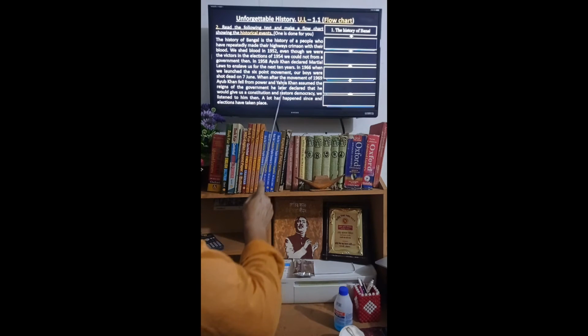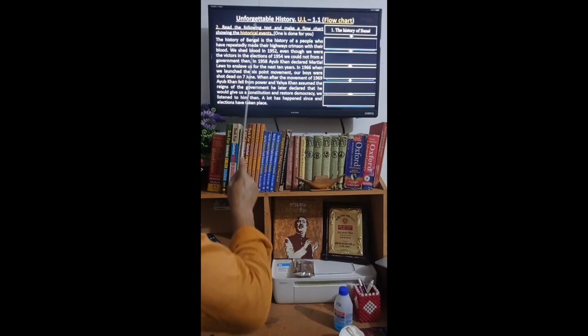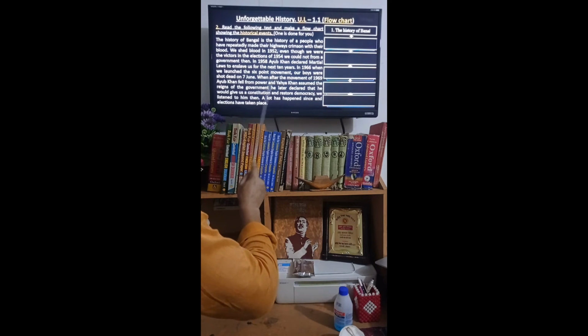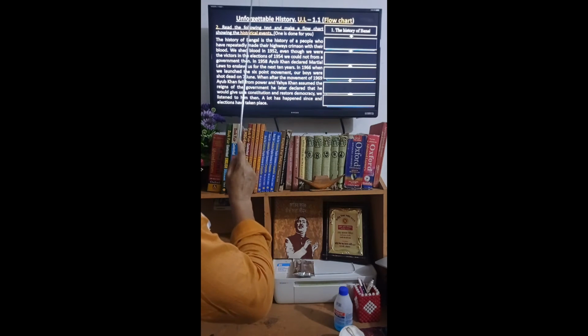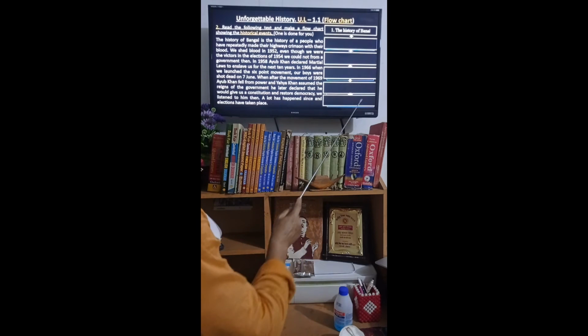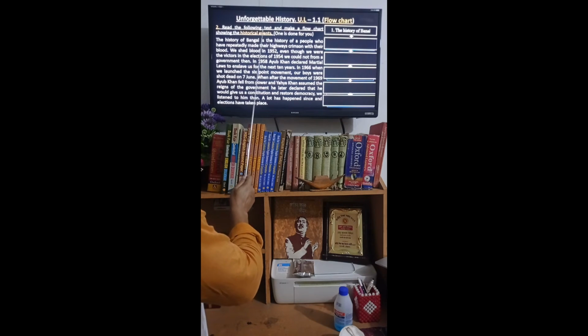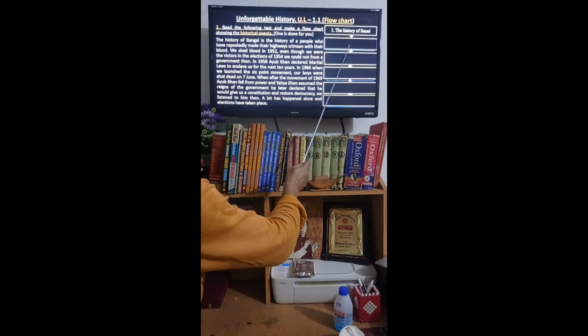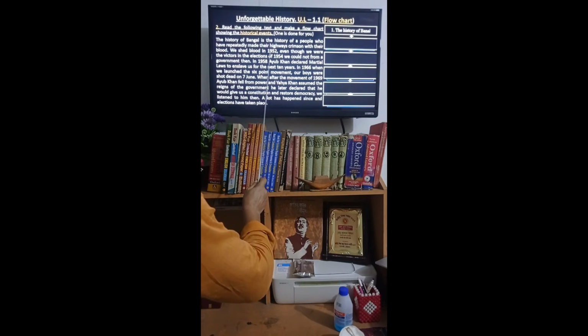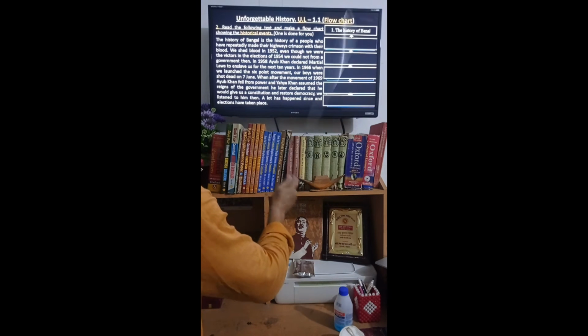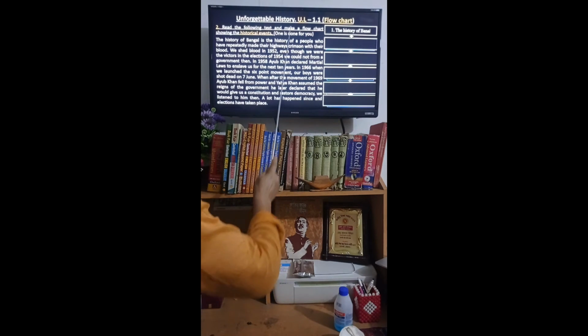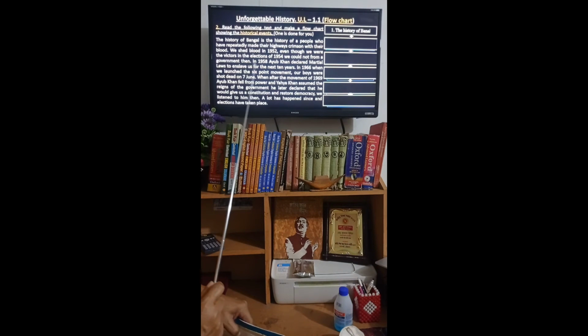We have to go through the context, find out the historical information and write it in this box. But my students, listen to me very carefully. You have to write down the first information in the first box, second information in the second box, third information in the third box. You have to maintain the series of information.